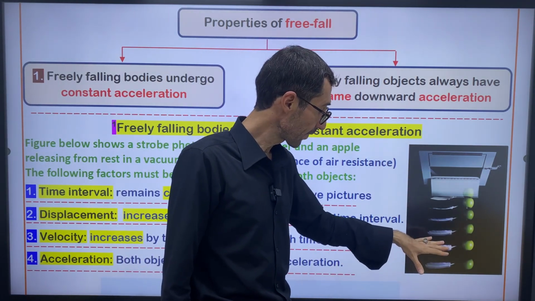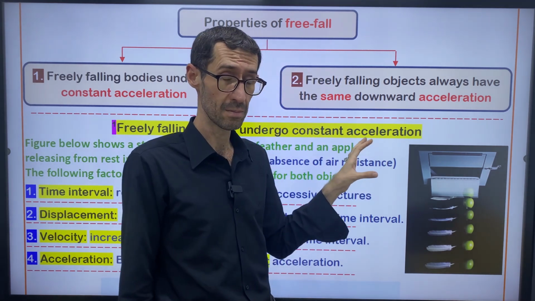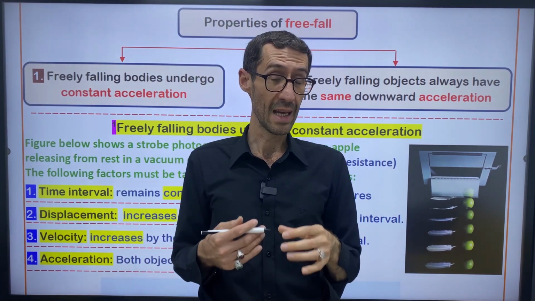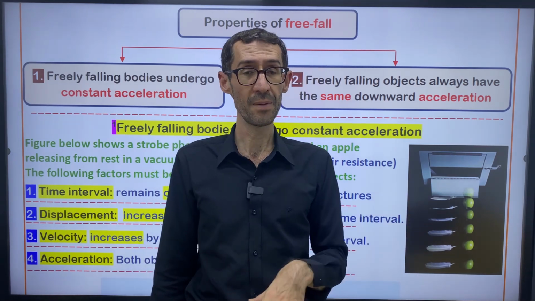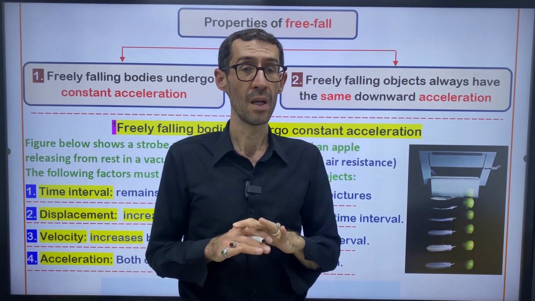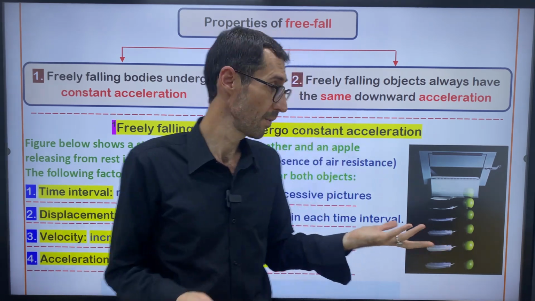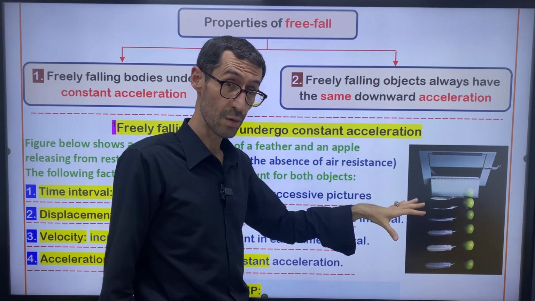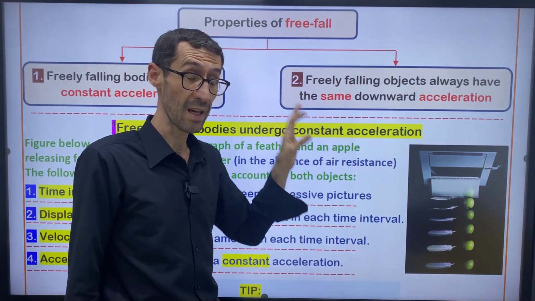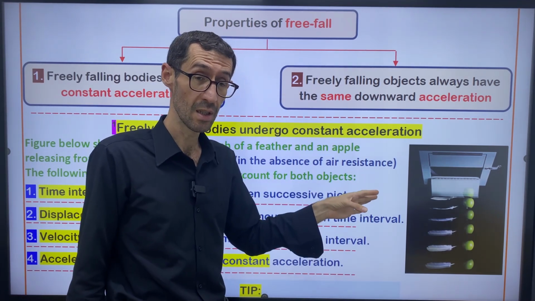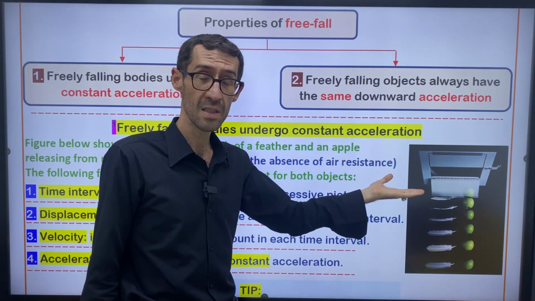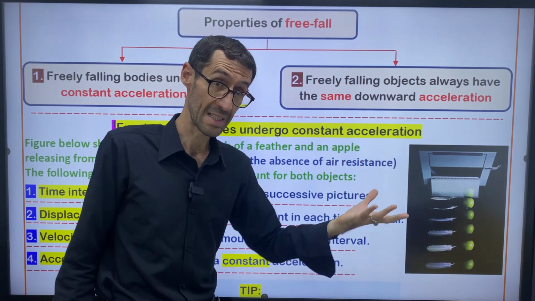That's why whenever you study these objects, you see that the apple and feather landed on the surface of Earth simultaneously. In the absence of air resistance, objects fall at the same rate, with the same acceleration. And I told you this is Galileo's thought, and this is confirmation of Galileo's thinking.